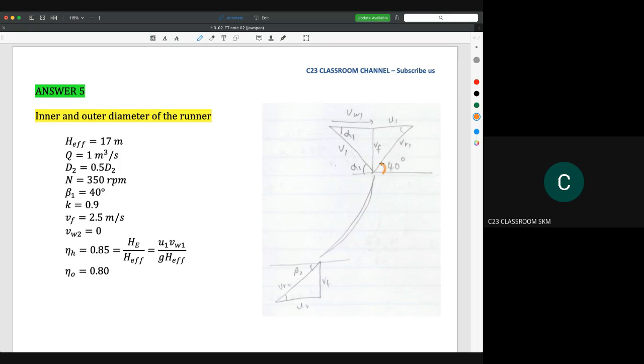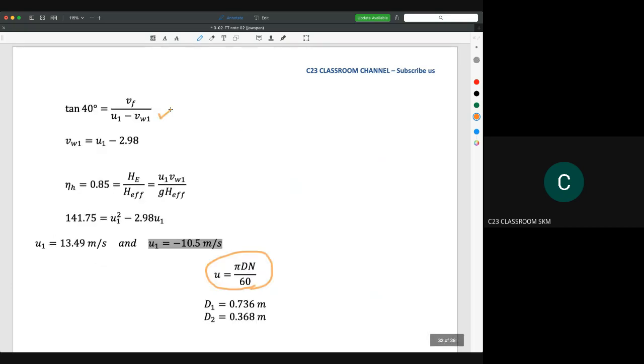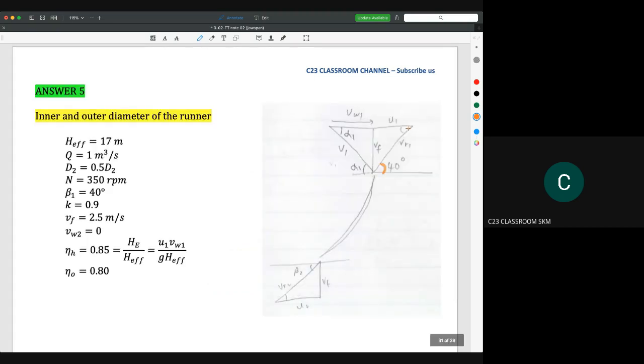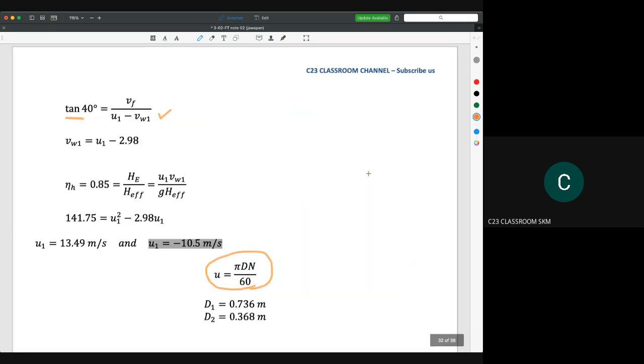I hope you already know how to develop this one. It depends on the tangent of 40 for this triangle. So we could have this correlation, and then we could rearrange the equation to have this term.